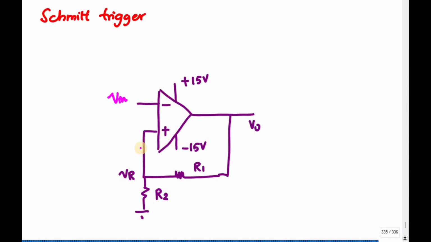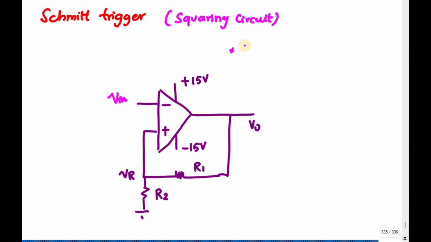Feedback means the output is connected to the positive terminal, and the other end of the input is connected to the positive terminal, so it has positive feedback. This circuit is also called a squaring circuit, because it is used to convert any irregular signal into a square wave.